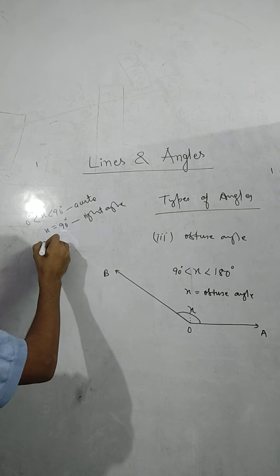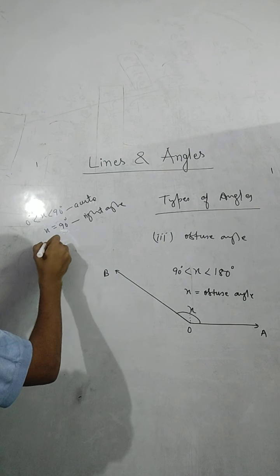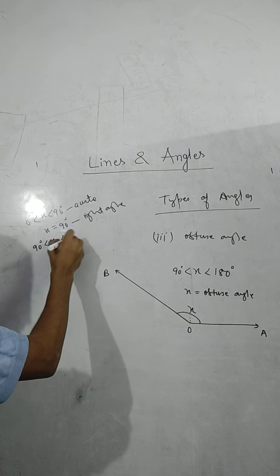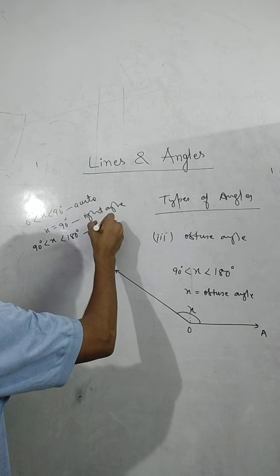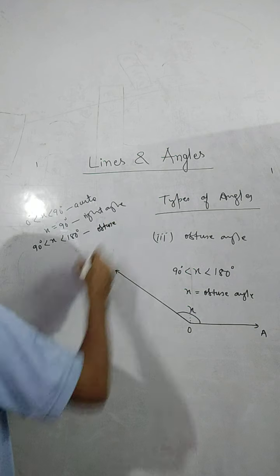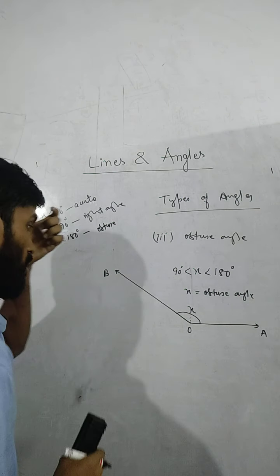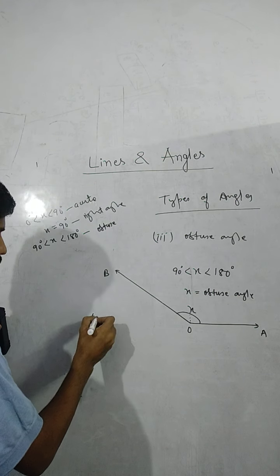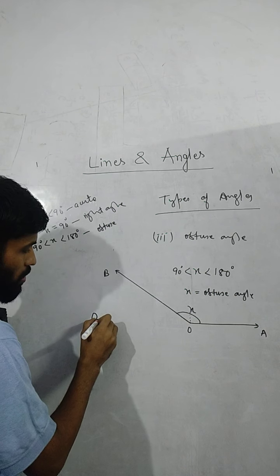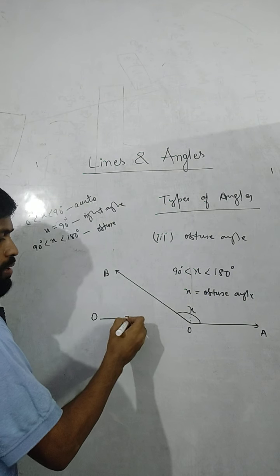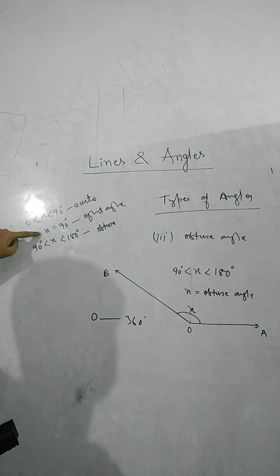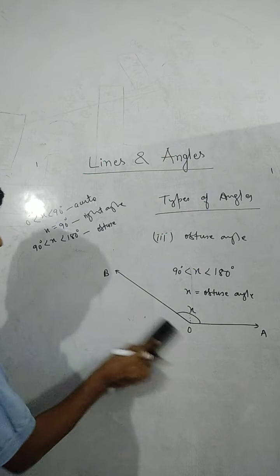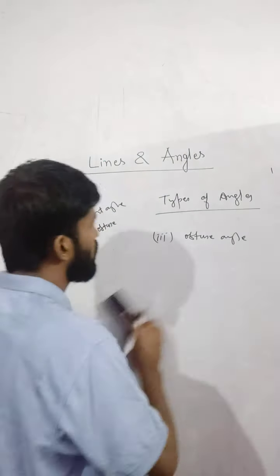So when x is greater than 90 degree and less than 180 degree, this is an obtuse angle. It goes in increasing, ascending order, from 0 up to 360. More than 0 but less than 90. Next case, exactly 90. Next case, more than 90 but less than 180. So another one is obvious. What could be the next?